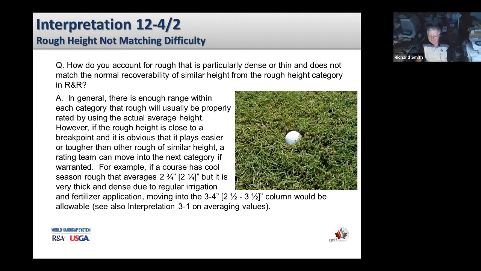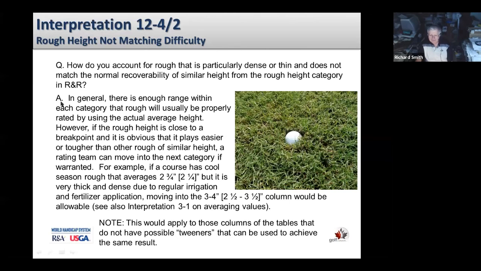So we would have to take that into consideration in terms of which column we should be using to reflect the thicker rough than most of the courses around this part of Saskatchewan.